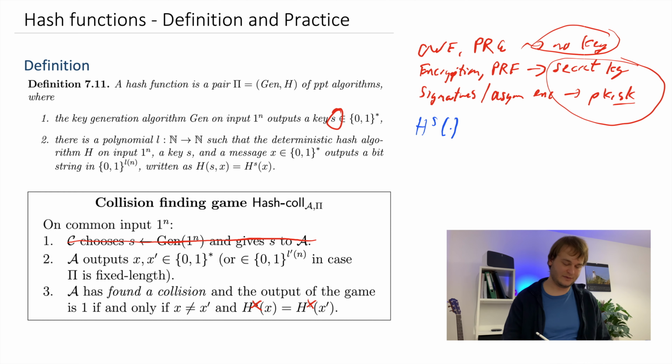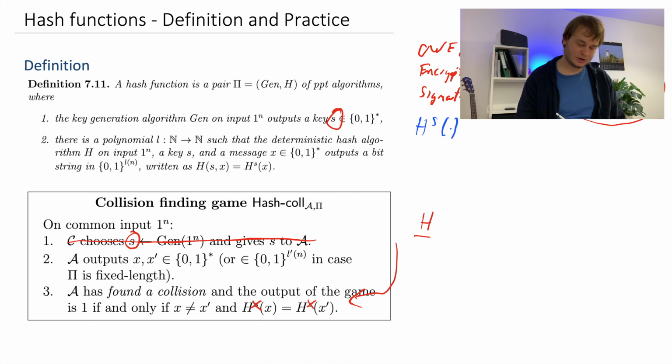So let's say we just have a function h, like we also had functions g for PRGs or f for one-way functions. And then we just run A through this game, and if A is able to output a collision for h, then he wins.